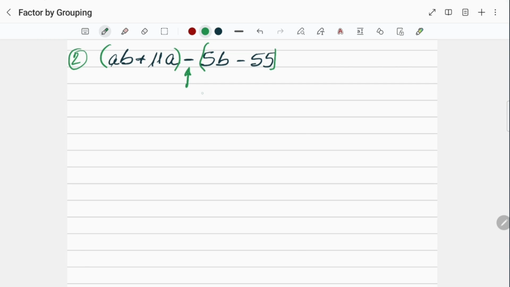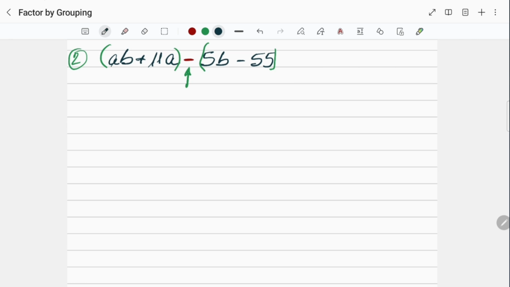That means that 5b that previously was negative is now positive inside the parenthesis, and the 55 now enclosed inside the parenthesis is positive. Let me then rewrite that expression. Be careful once again with that sign.